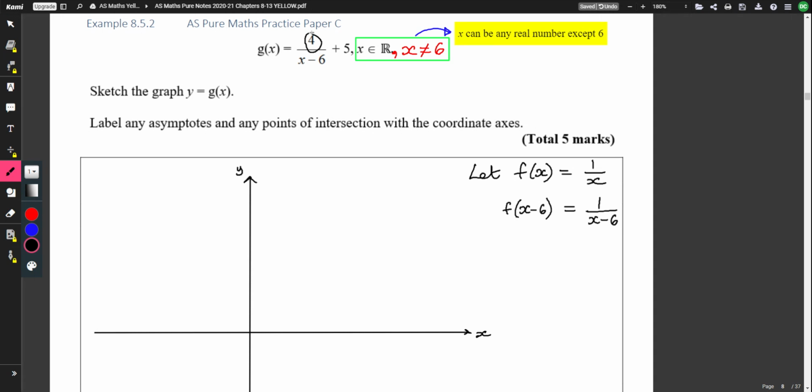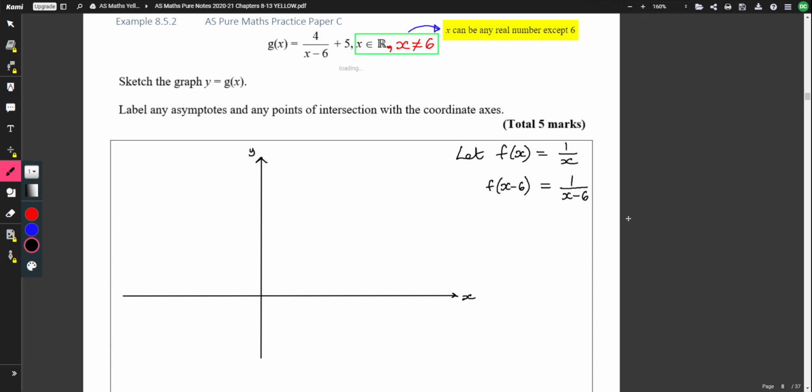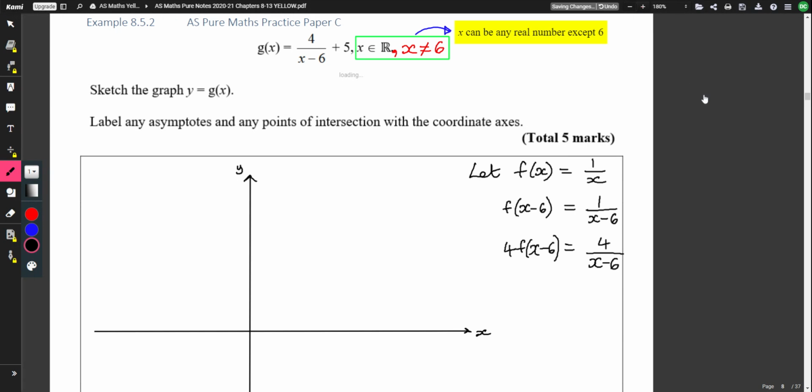I'm now going to introduce the 4. So that is going to be 4 lots of f of x take 6. So that's 4 times 1, which is 4 over x minus 6. And then finally, there's a plus 5 on the end.